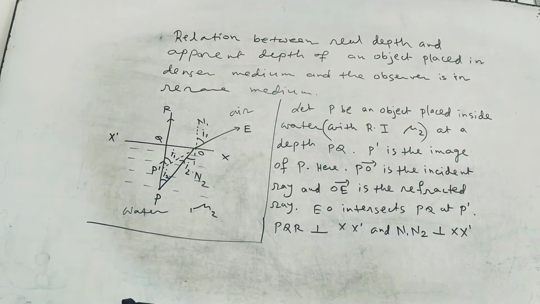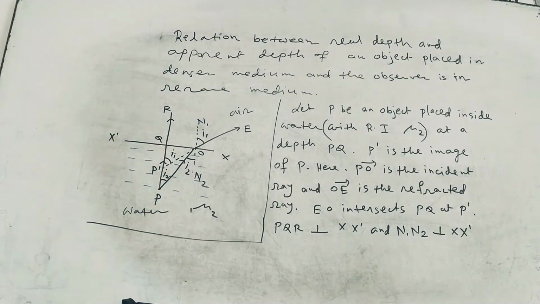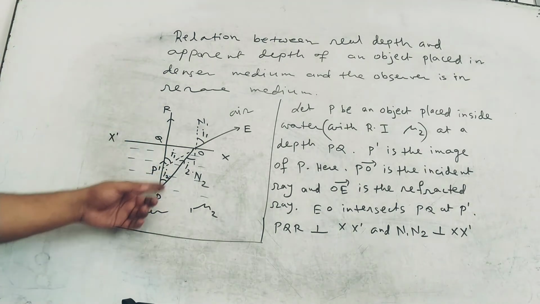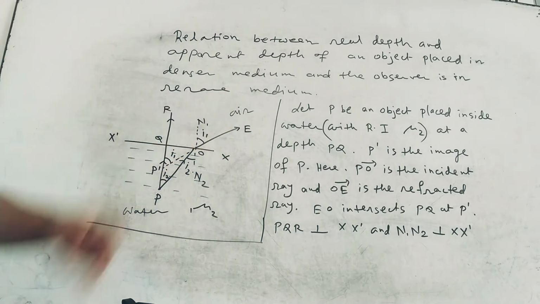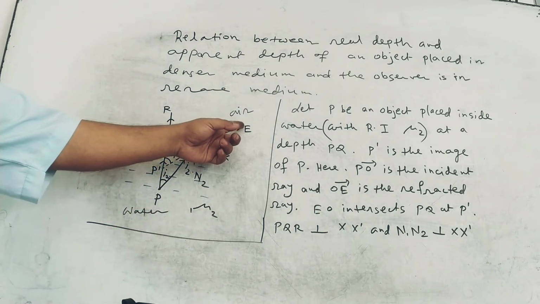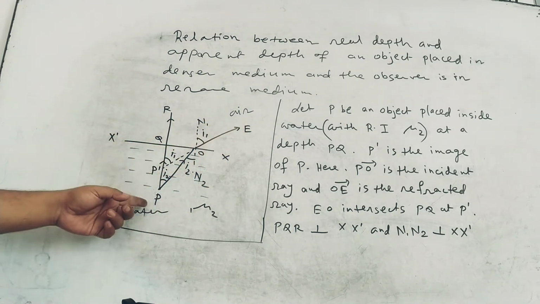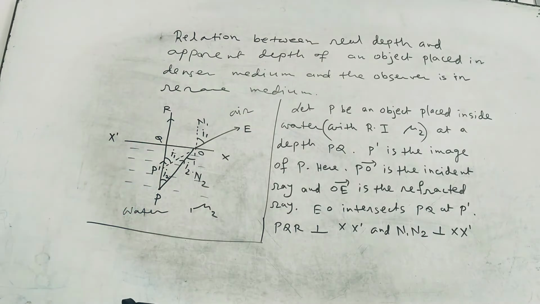Now we have to find out the relation between PQ and P prime Q. Here PO is the incident light ray and OE is the refracted light ray. When we extend EO, it intersects PQ at the point P prime.